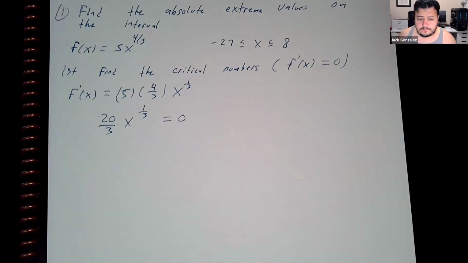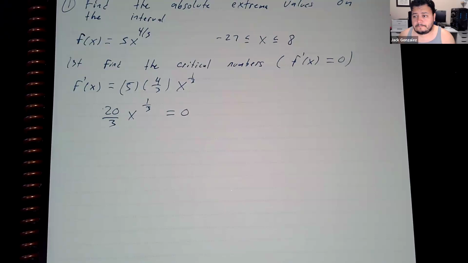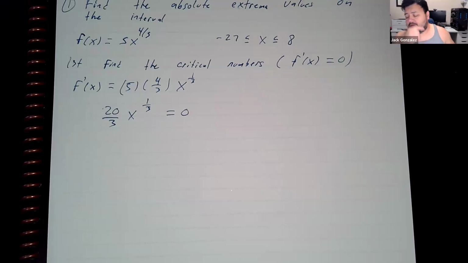When is that equal to 0? I think there's only one way this could be 0, right?